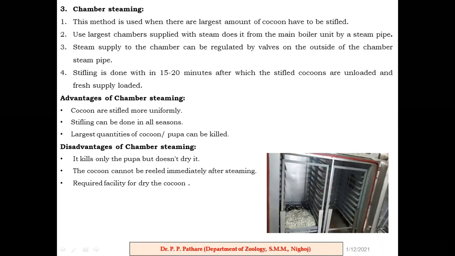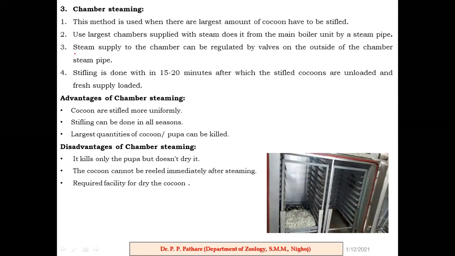It is one type of boiler, also called an oven-type chamber. You can check these shelves fitted inside the machine, and you can put your cocoon in a particular container and close the door of the oven.